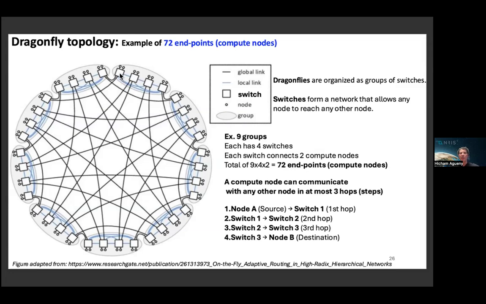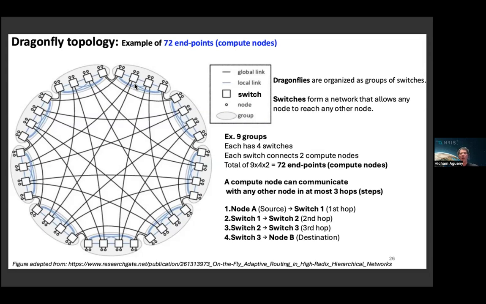Let's take the example. If this compute node wants to talk to a node B, for instance, the way it works is that node A will send data to the switch. Switch 1 forwards the data to switch number 2. In the same way, switch number 2 will transfer the data to switch number 3, and switch number 3 will deliver the data to the compute node. So this happens in the same group, and the connection is a local connection.